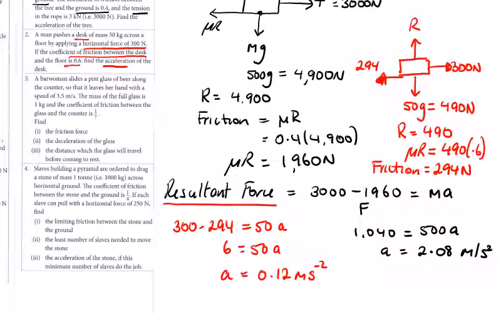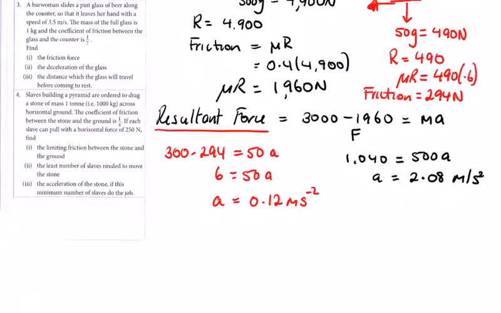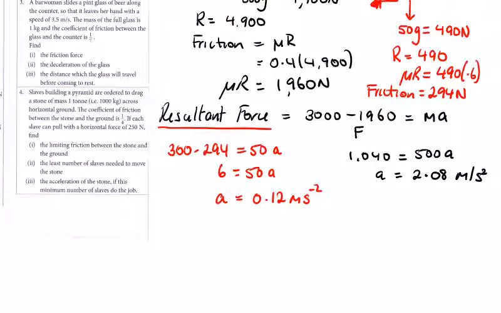Okay, number 3. A couple more steps to this. A barwoman slides a pint glass of beer along the counter so that it leaves her hand with a speed of 3.5 meters per second.